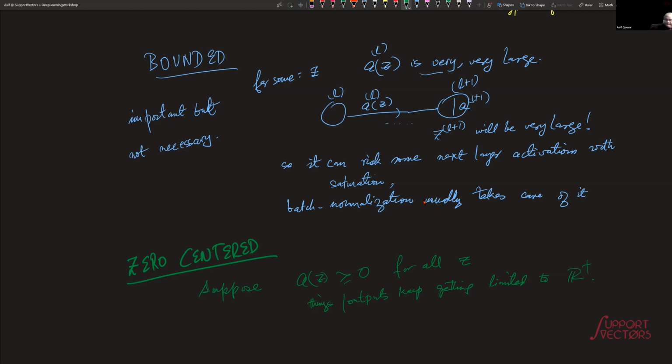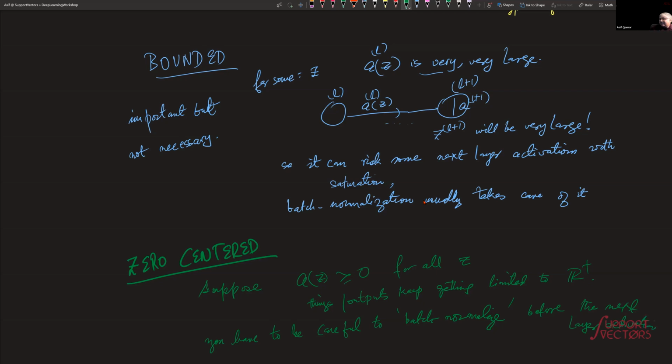So that is a bit of a concern, because unless you normalize it, you have to be careful to batch normalize before the next layer activation.